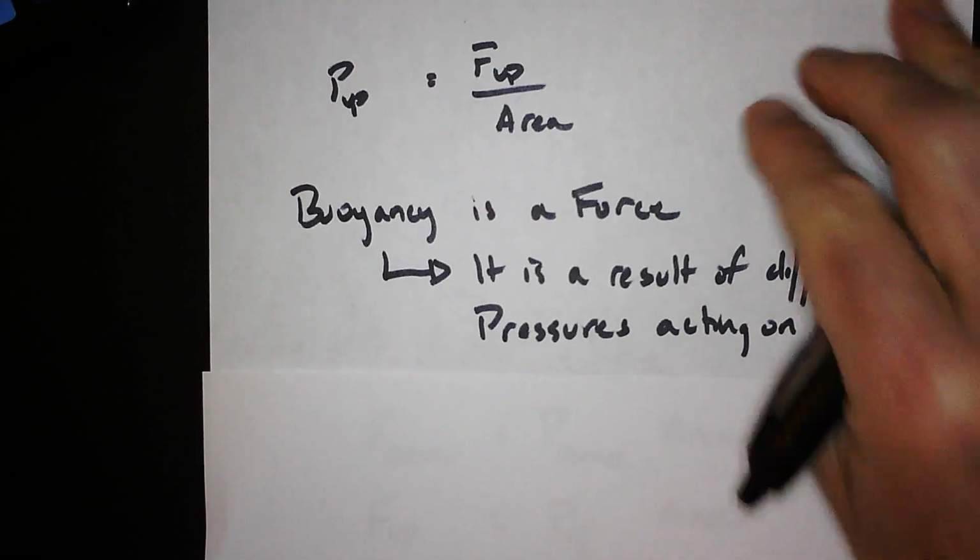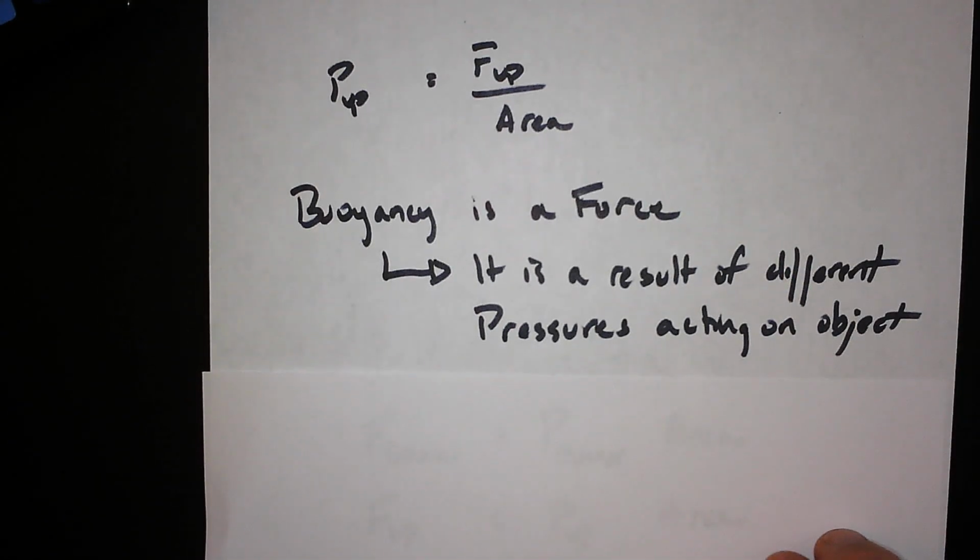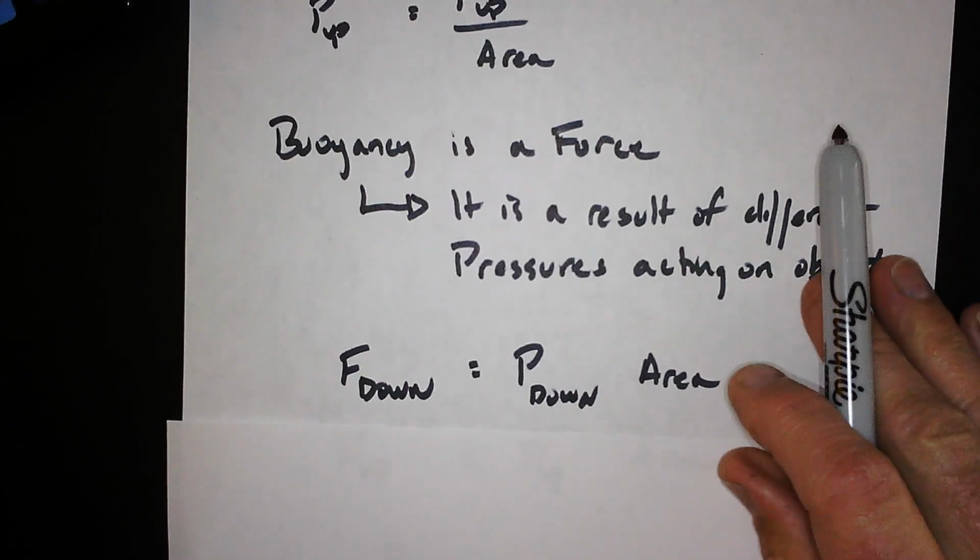Now, buoyancy is a force. It has units of newtons, and it's a result of the different pressures acting on the object. So the net pressure, the net force pushing on the object is what we're going to call the buoyancy force. Now let's go through this a little bit.